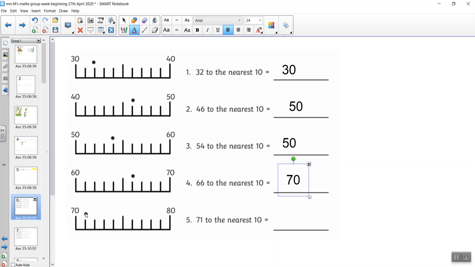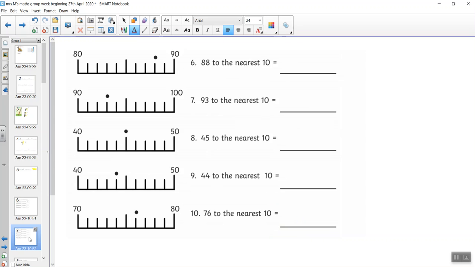And 71 over here is closer to 70 than it is to 80, so the nearest 10 to 71 is 70. And that's what we're doing when we're rounding. We're saying which 10 is the number nearest to.